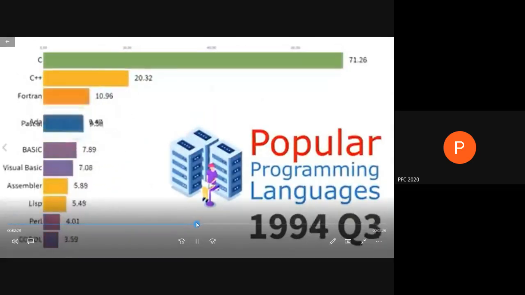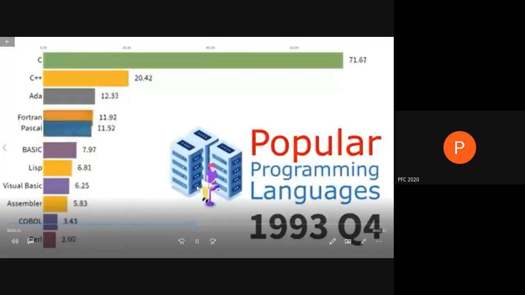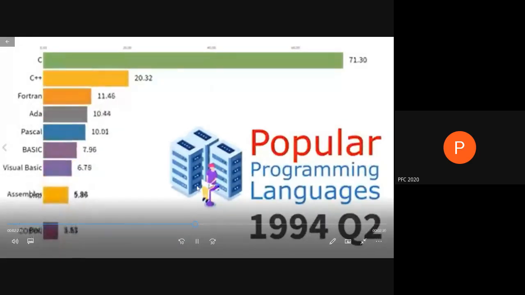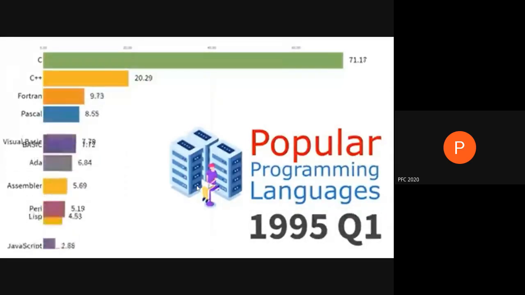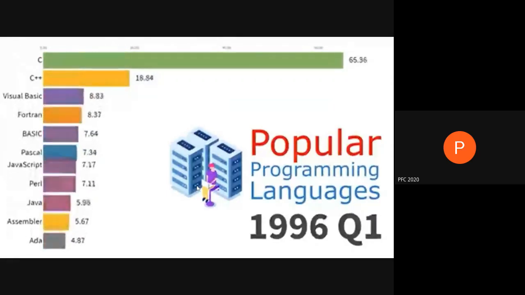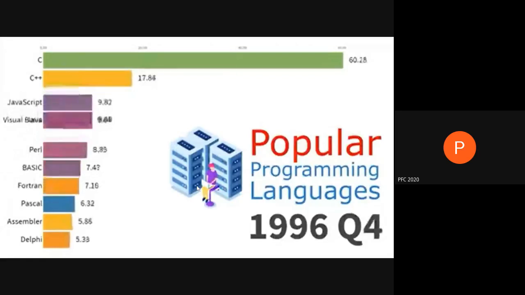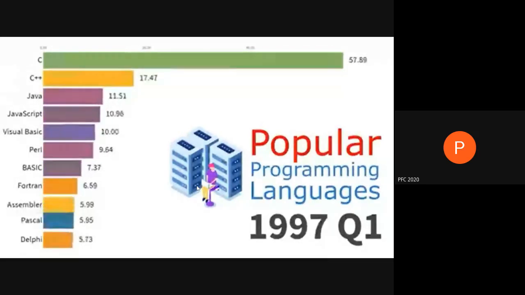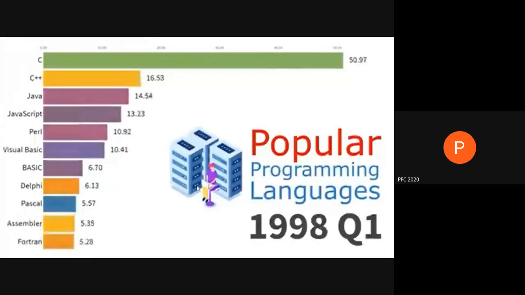Let's say around 1991. The best languages at the time were C, C++, Fortran. Pascal, which is now nowhere, was still up there. And Python is nowhere in the scene. So this is showing you how much the various programming languages were used at those times.